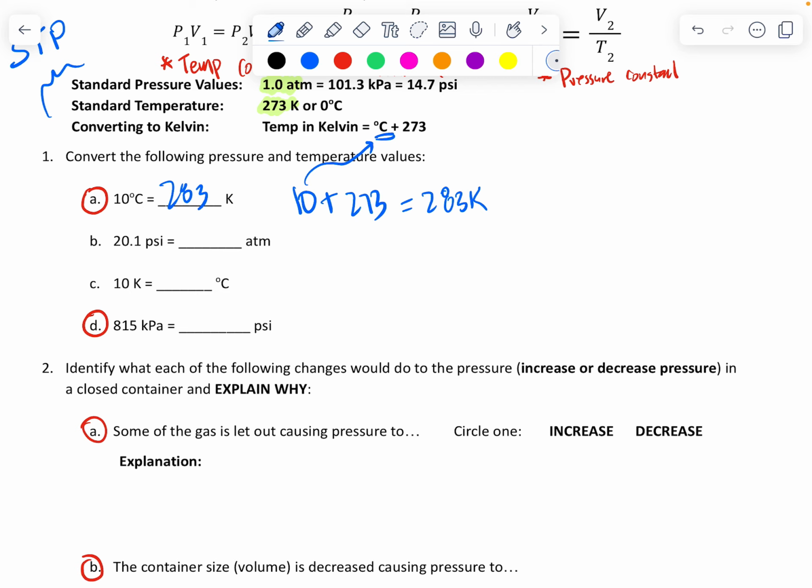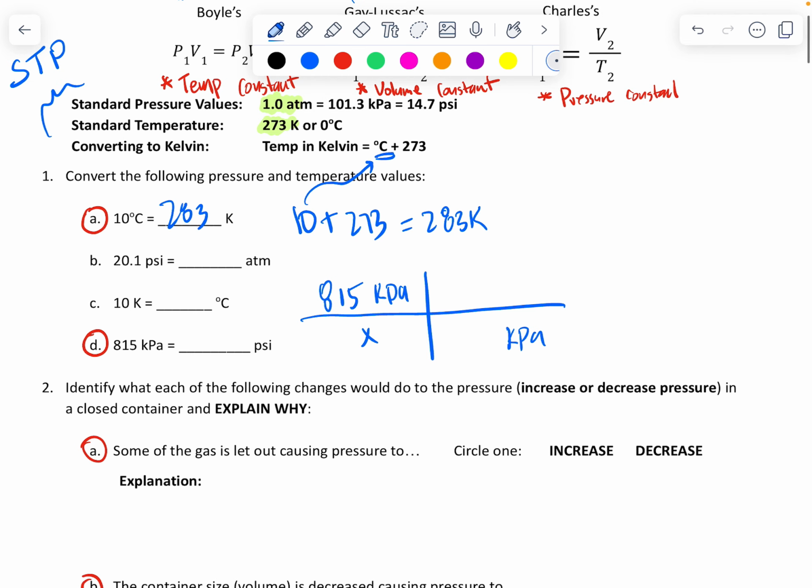815 kPa. What is that in psi? That would be an example of a unit conversion, which I'm going to go ahead and set up as a grid, right? Let's go ahead and make this nice grid. Now I'm trying to go from kPa to psi, which means in order to cancel out the unit of kPa, I need to make sure that I have the kPa unit down here.